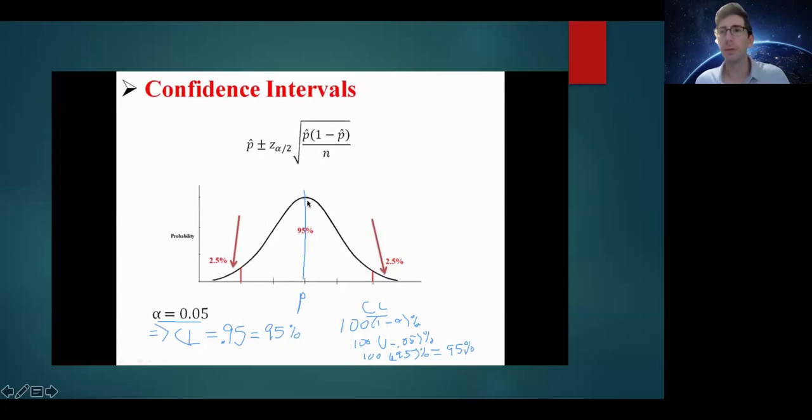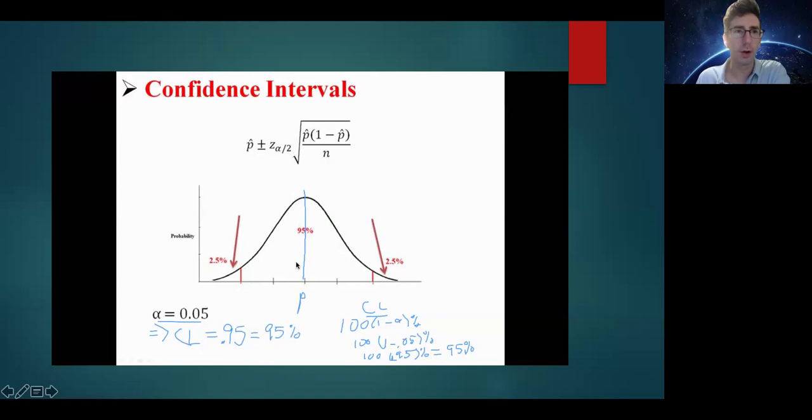So what does that mean? Think back to chapter 17. If you have 95% of the area under the curve, then 95% of all of your possible sample proportions fall in between these two cutoff values, right?